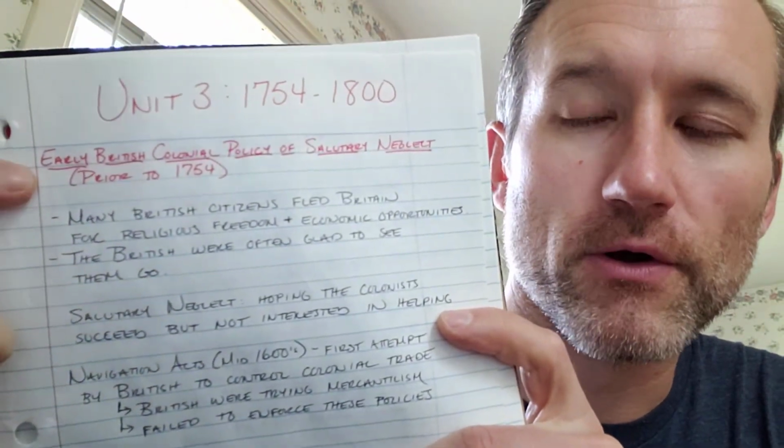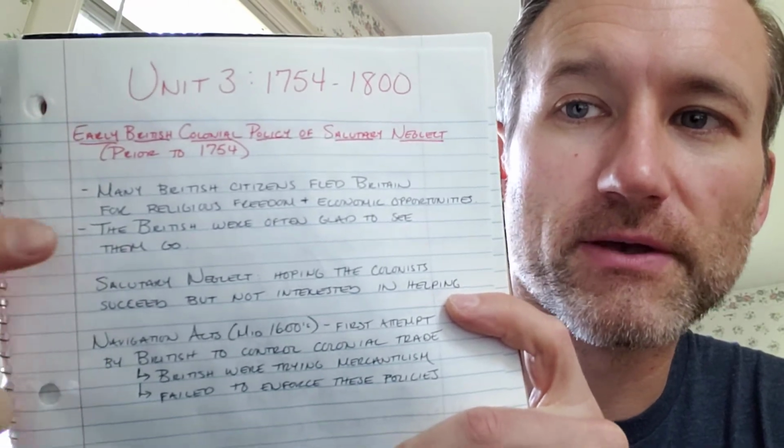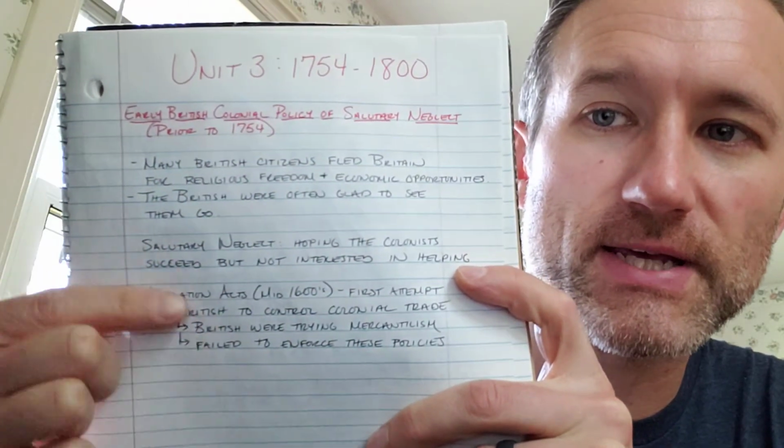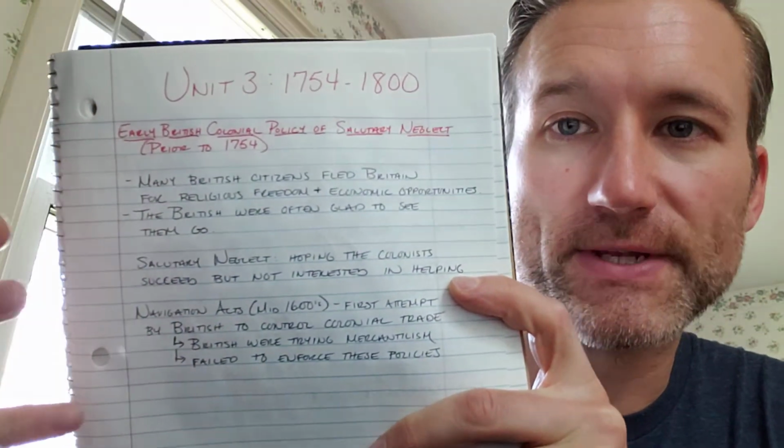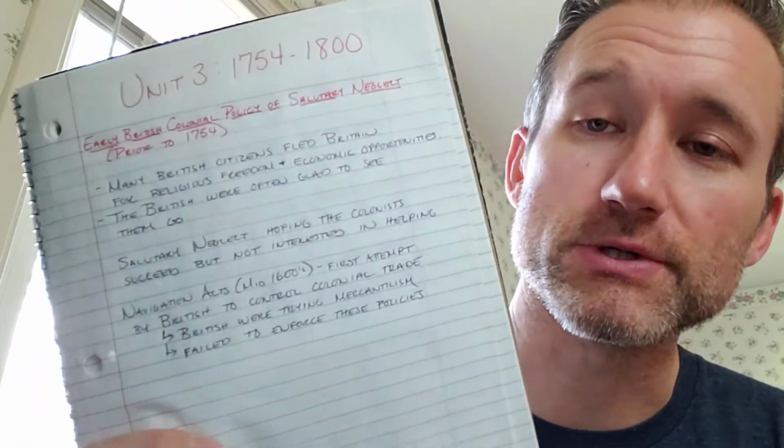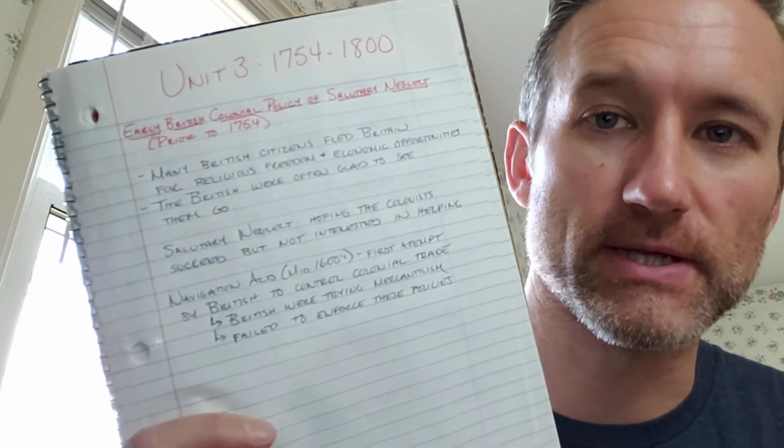Remember, guys, the idea behind this is if you take good notes in this notebook, and let me show you how I started mine. There it is. On the first page, I wanted you to have early British colonial policy of salutary neglect, and to take some notes on this. On the AP exam, on the DBQ essay, it is open notes. So if you're really good about recording notes and having good material here to reference during the DBQ essay, you can use this in your essays.